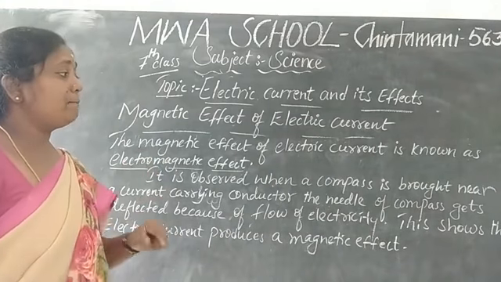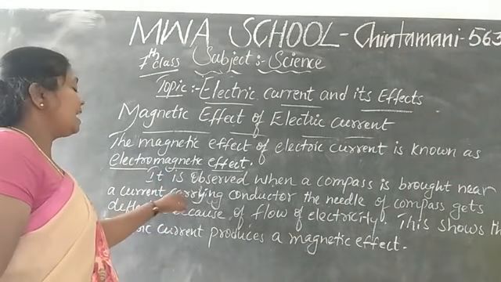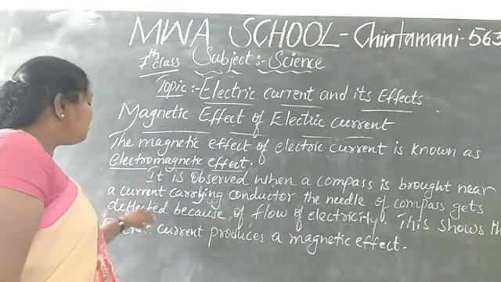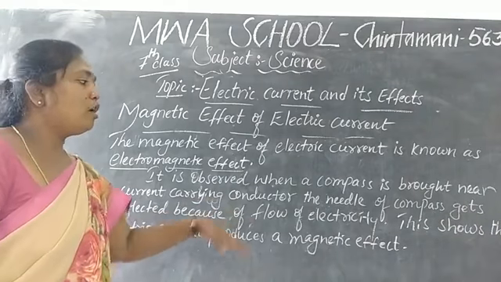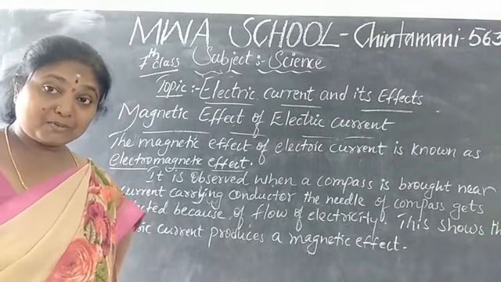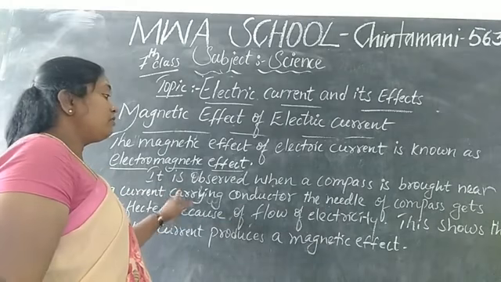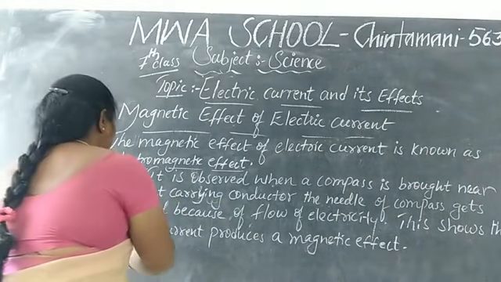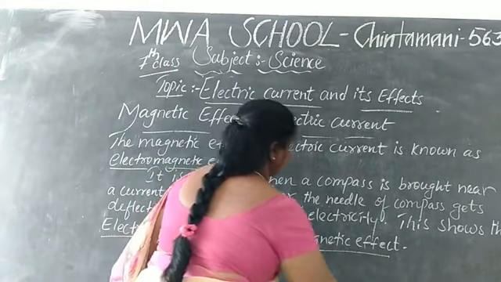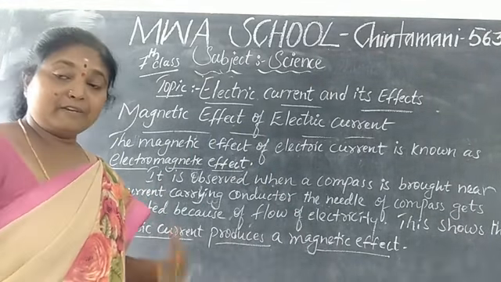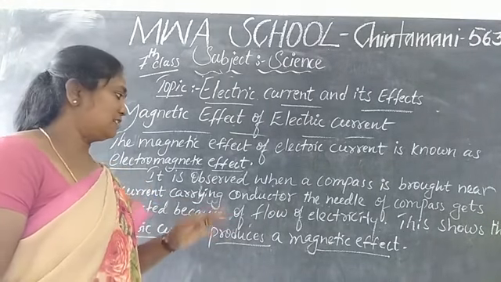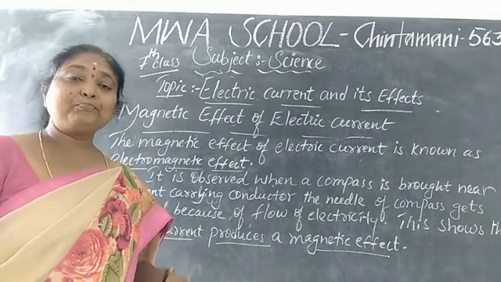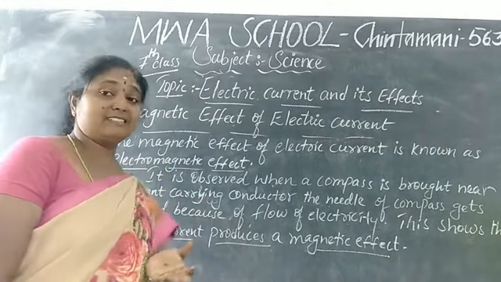It is observed when a compass is brought near a current carrying conductor, the needle of the compass gets deflected because of the flow of electricity. This shows that electric current produces magnetic effect. Without the magnets, we can produce the magnetic effect by using the electric current. So, this is about the magnetic effect of electric current.